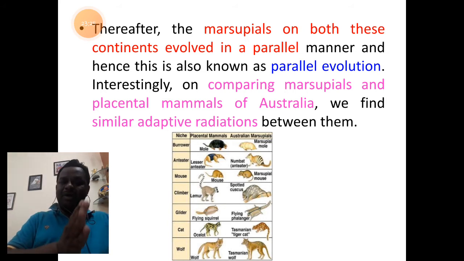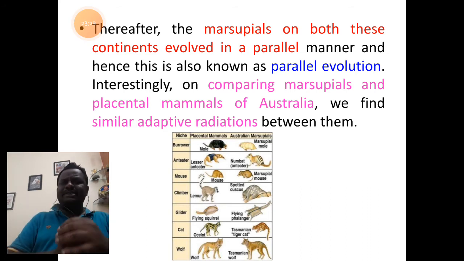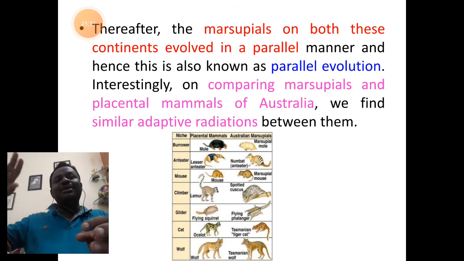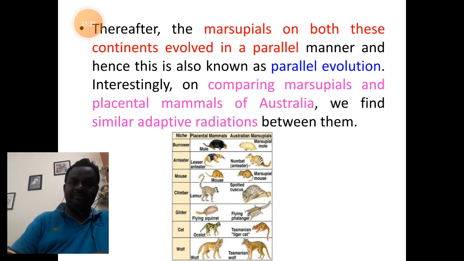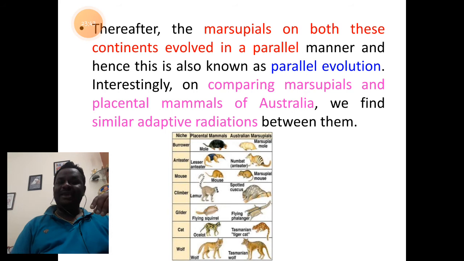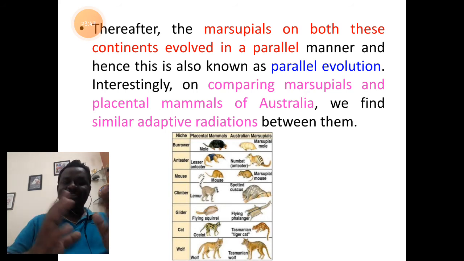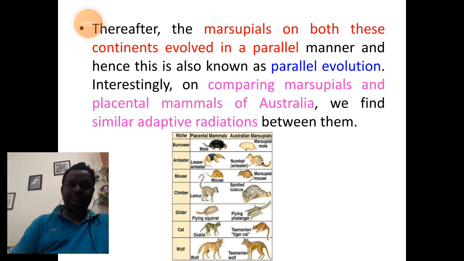The scientists have found that the characters were almost similar between the marsupials of Australia as well as South America. South American marsupials are called placental mammals. The same in Australia, there was a difference with slight characters, otherwise it remains the same.